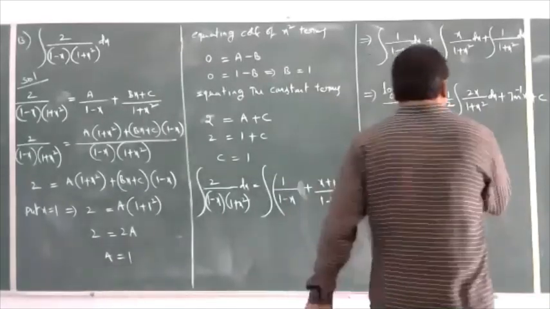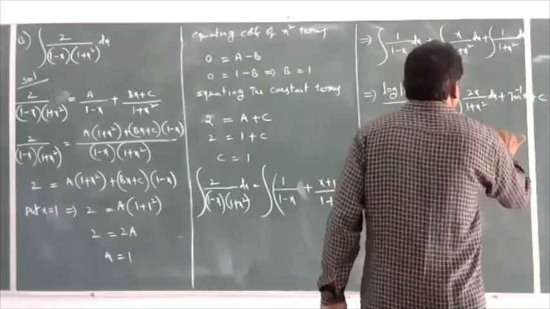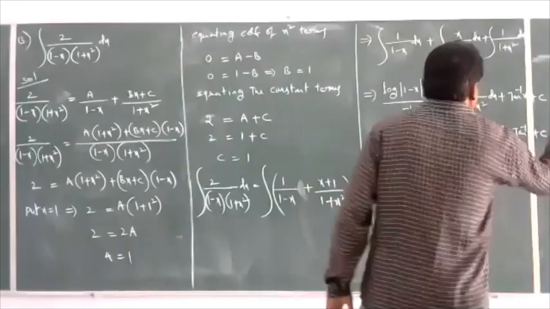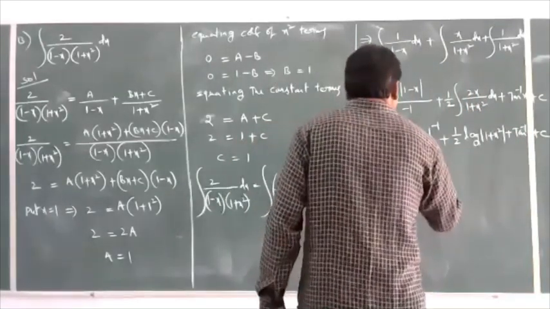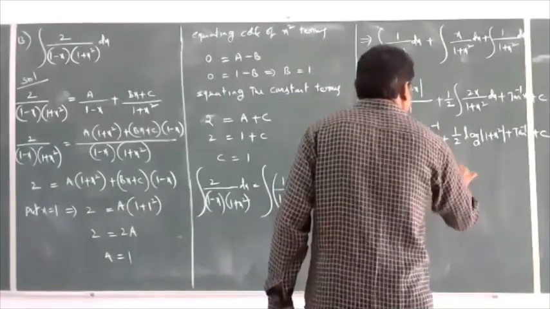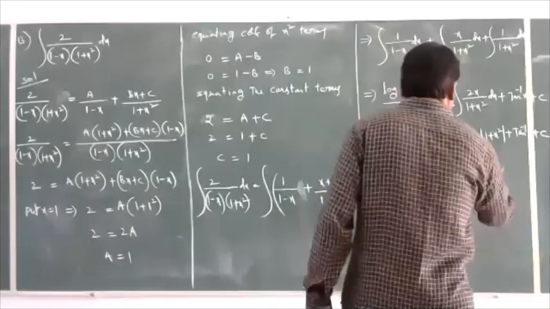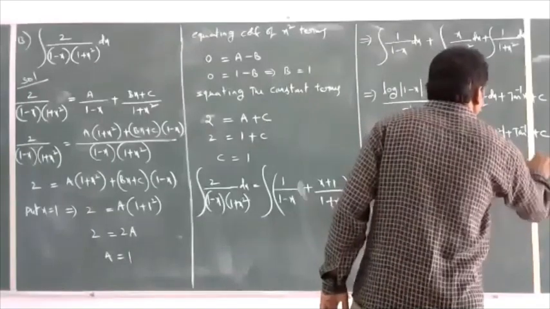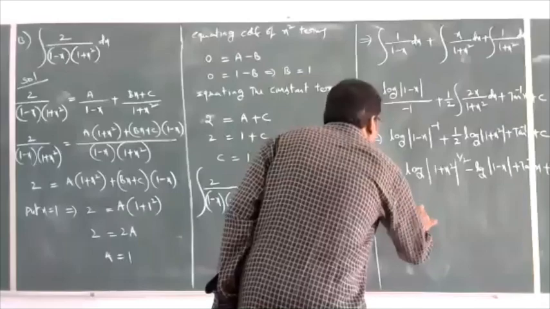By using that formula, plus 1 by 2 into log mod (1 plus x square) plus tan inverse x plus C. That implies here log mod (1 plus x square) whole power 1 by 2, minus log mod (1 minus x), plus tan inverse x plus C. That is the final answer.